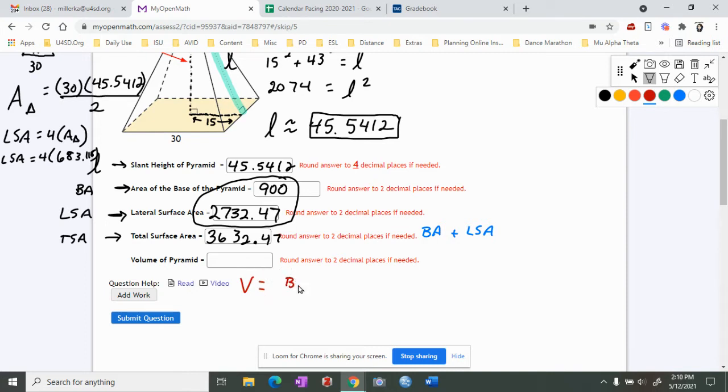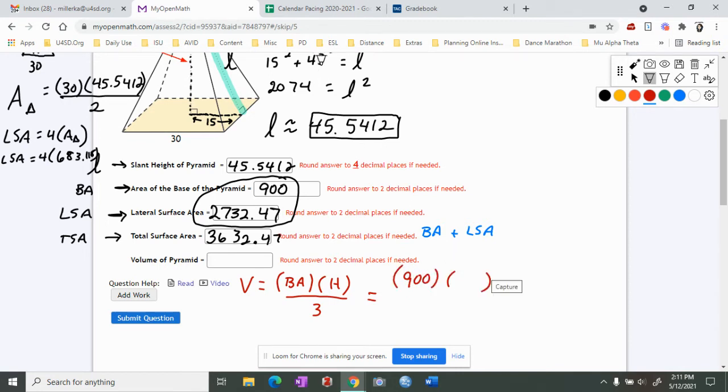All right. And my volume formula, remember, it's the base area times the perpendicular height. Put perpendicular instead of my height. And then I have to divide by 3 because it takes 3 of these pyramids to fill the corresponding prism. So my base area is 900. That does not change.